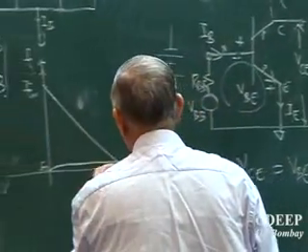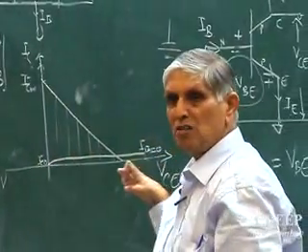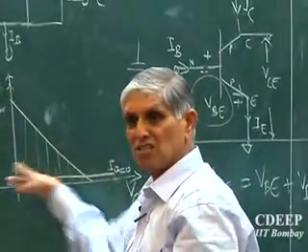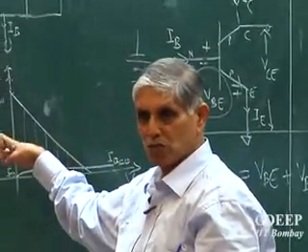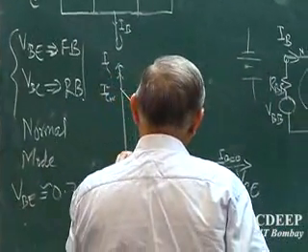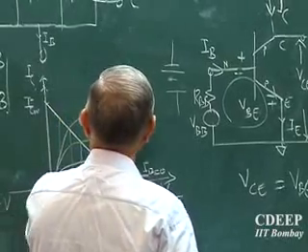So these are the VC values, which keep on decreasing as IC increases. As IC increases, at every time I change IC, I see different IB values.